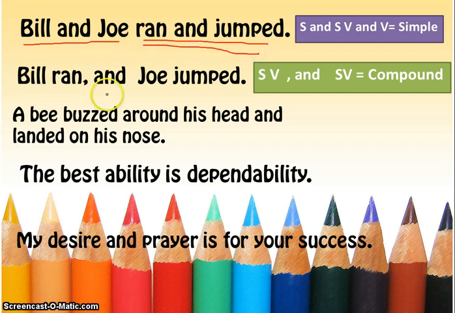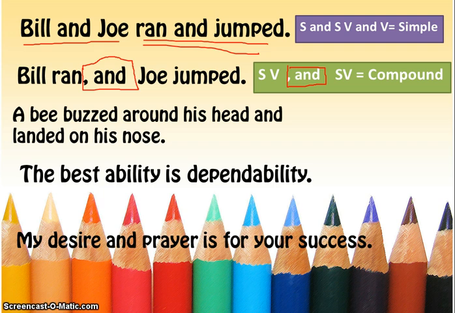Bill ran and Joe jumped, and it came up automatically, but it's a compound sentence because, first of all, I say, well, look, there's a comma and a conjunction. I put a box around that, and right away, subject, verb, comma, conjunction, subject, verb is a compound sentence.